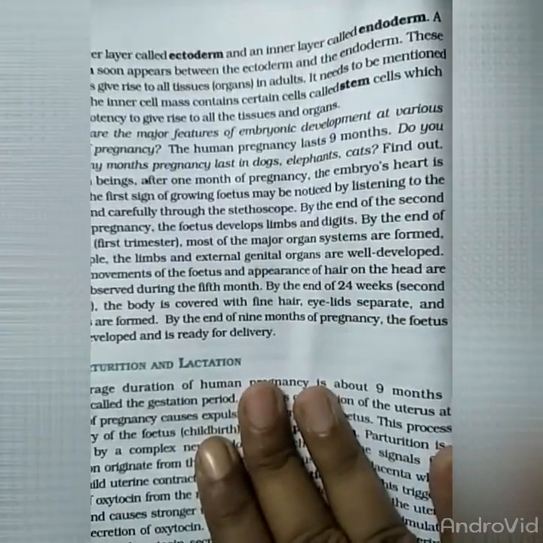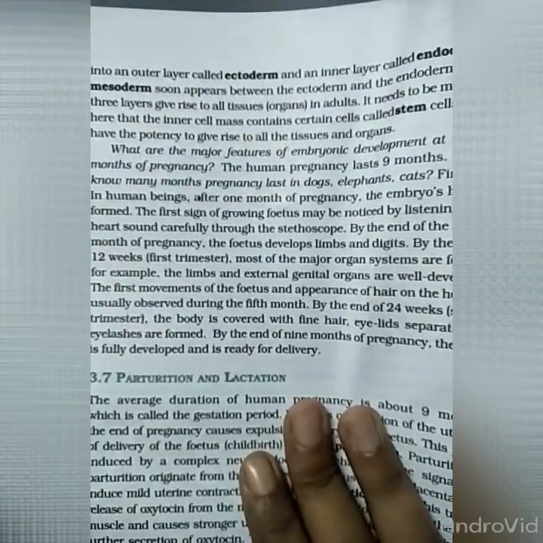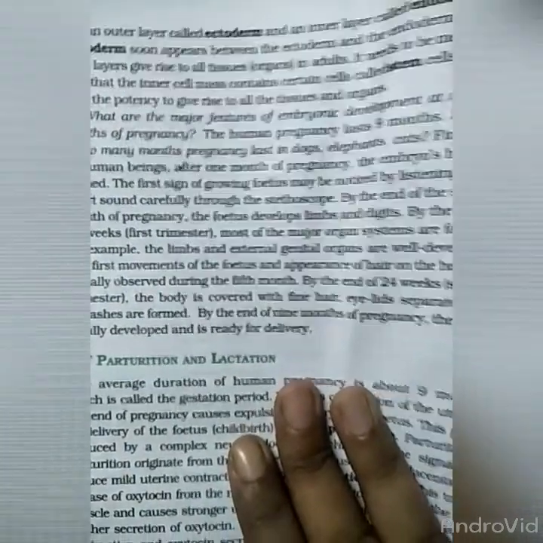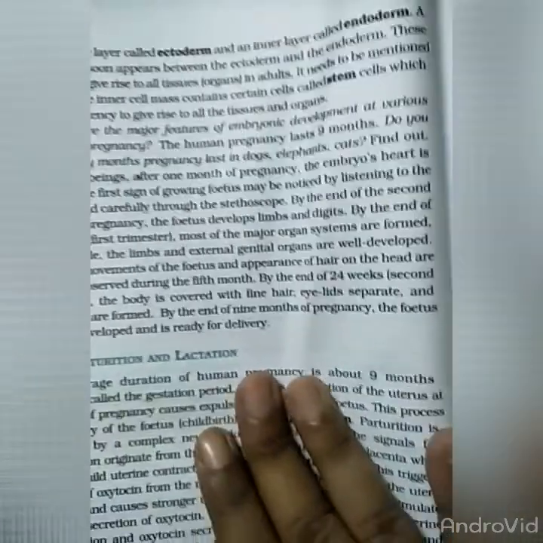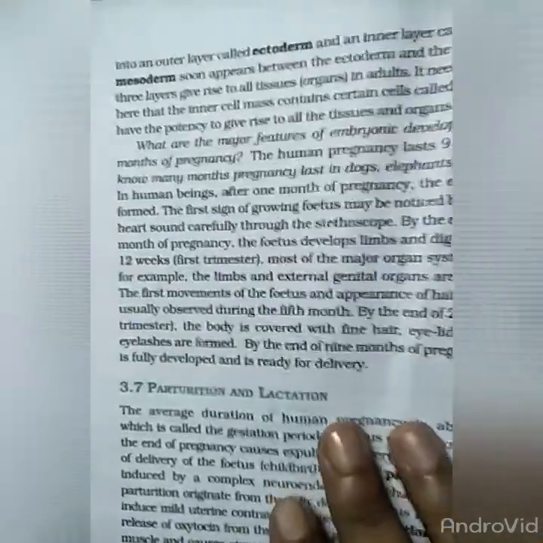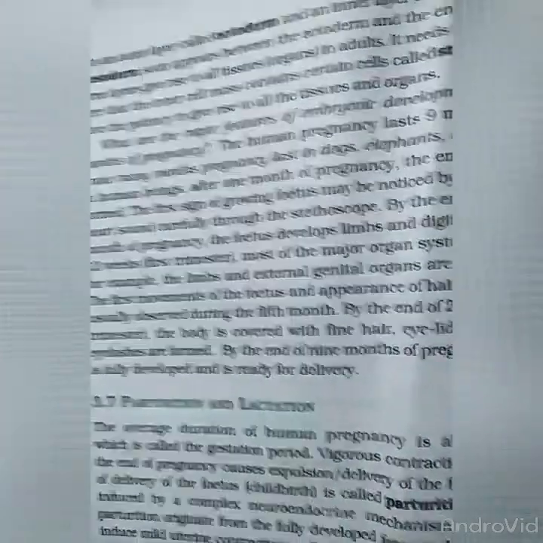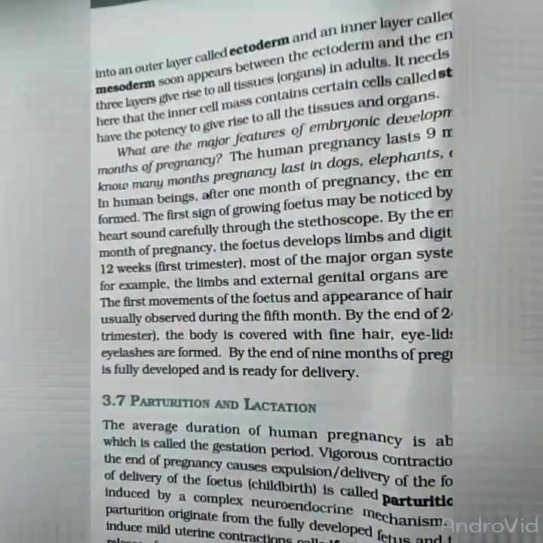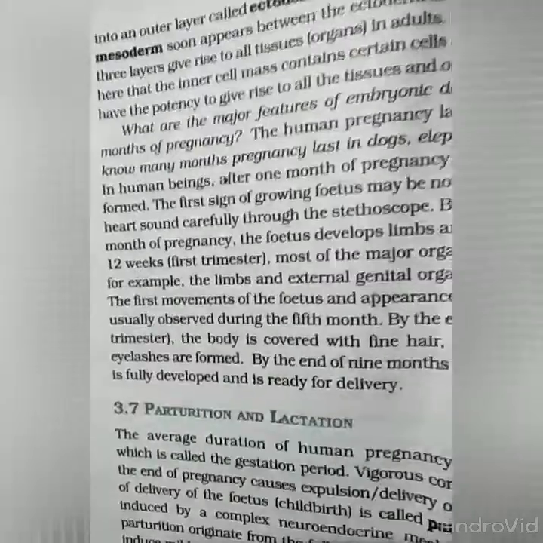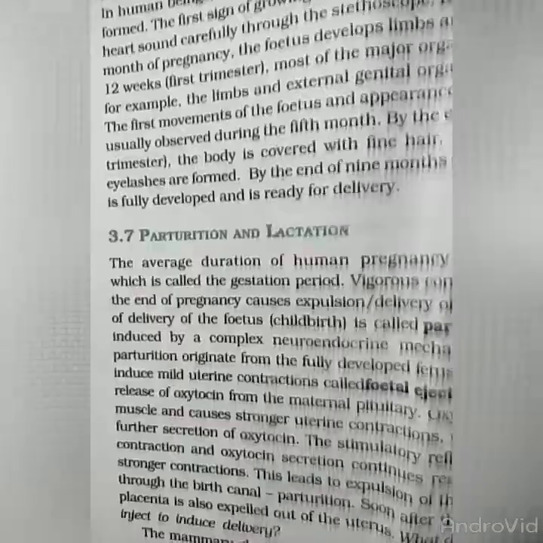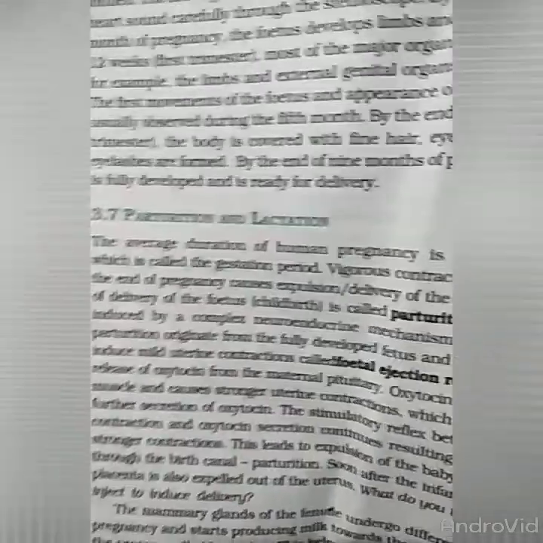By the end of 12 weeks, that is the first trimester, which means 3 months, most of the major organ systems are formed. After completion of 9 months, the baby will be born. This process is called parturition, and then lactation. This is the last topic from this chapter.